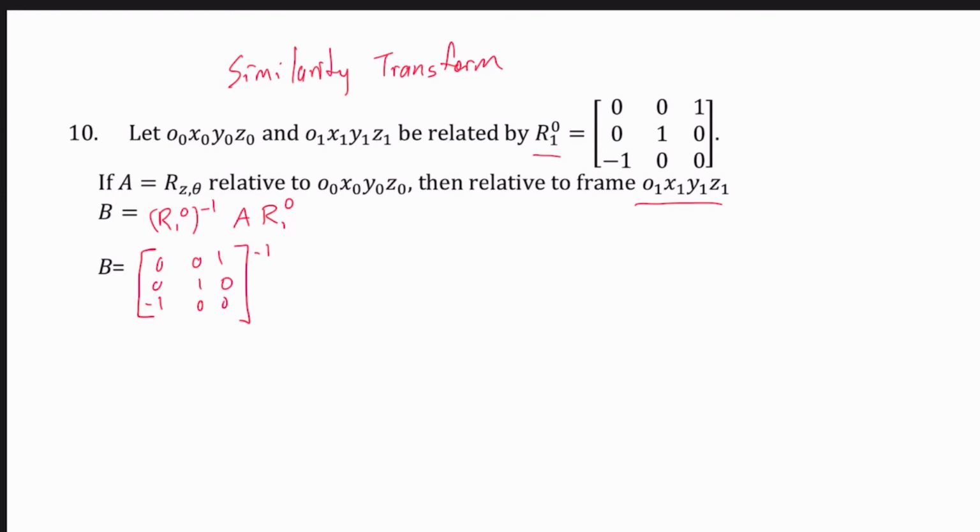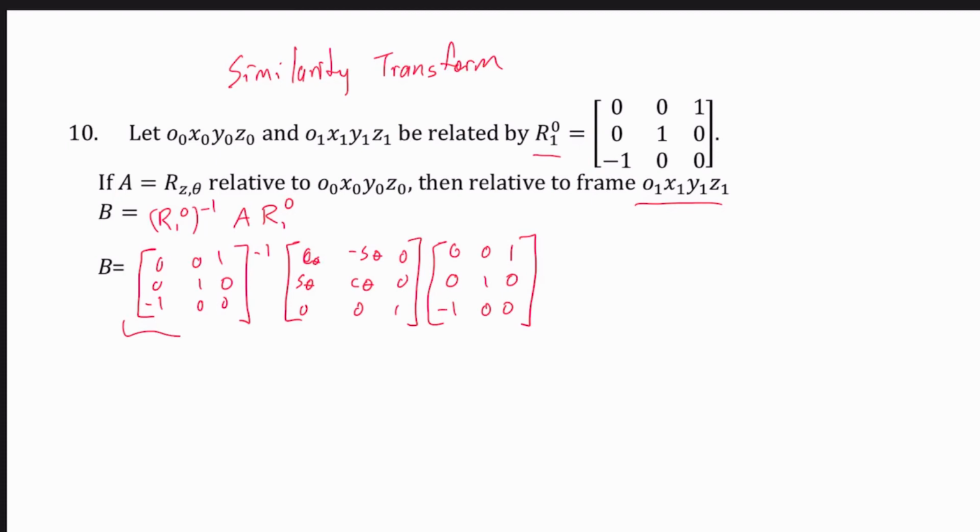So that's 0, 0, 1, 0, 1, 0, negative 1, 0, 0. We want to take the inverse of that. And then my A is a rotation about the z-axis by theta. So we know that. That's cosine theta, negative sine theta, 0, sine theta, cosine theta, 0, and 0, 0, 1. So that's my A. And then I need to transform it back into frame 1: 0, 0, 1, 0, 1, 0, negative 1, 0, 0.